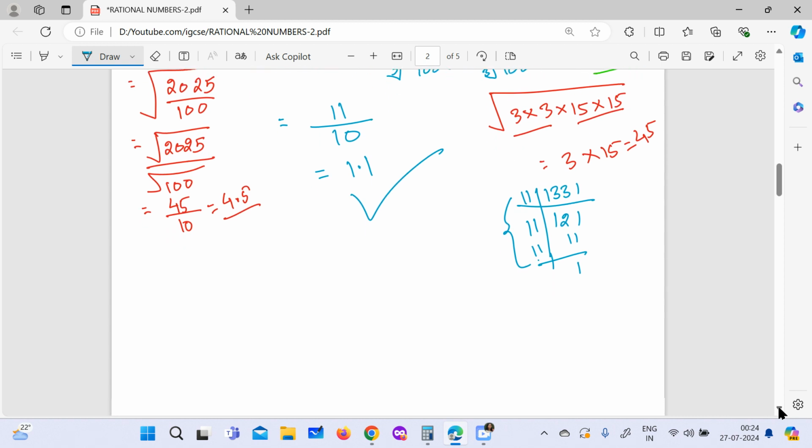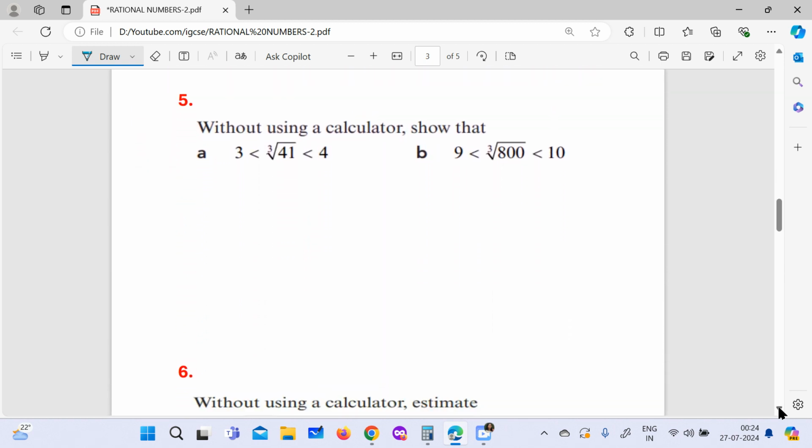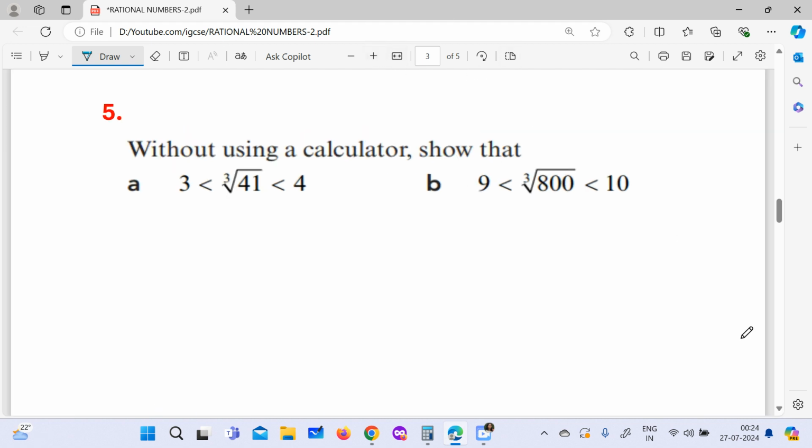Let's go to the next question. This is one important kind of question. Without using a calculator, show that. So you know that your paper 1 is a non-calculator paper. So without using a calculator, show that 3 is less than cube root of 41 and that is less than 4.